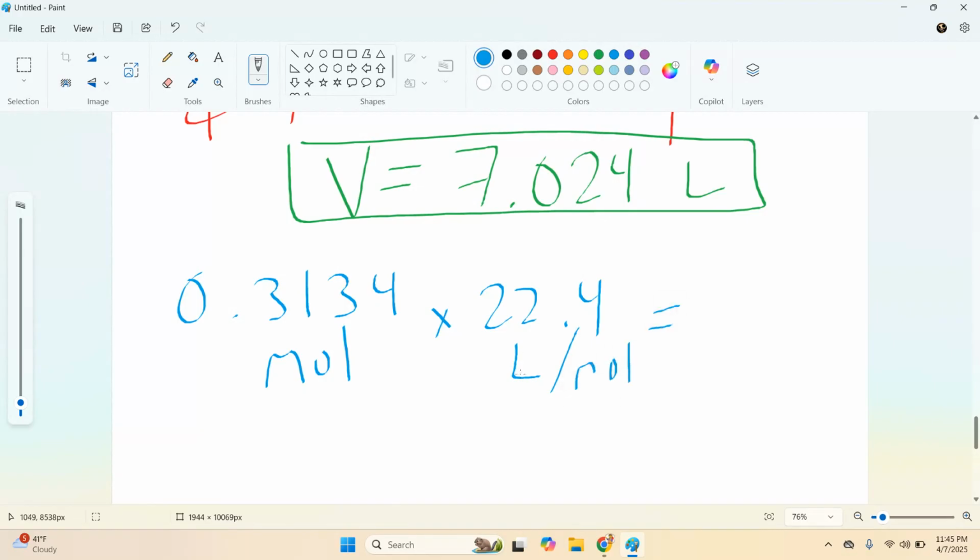And what do we get? 0.3134 times 22.4 gives us 7.02. Boom! The same deal.